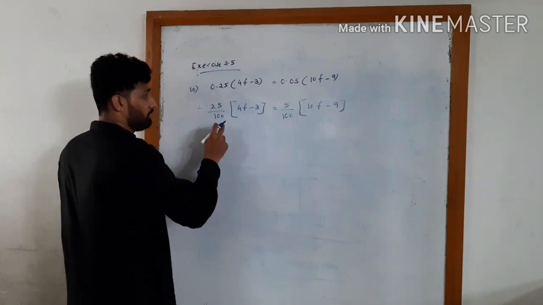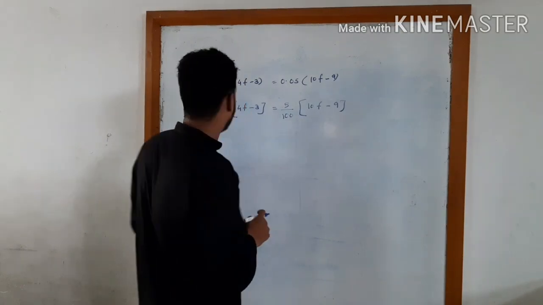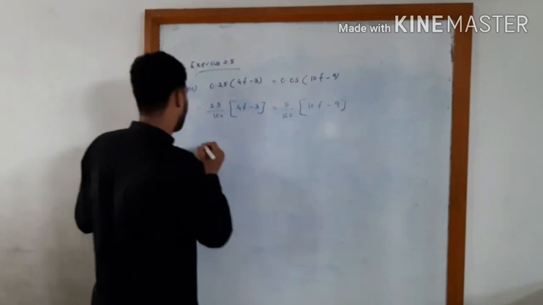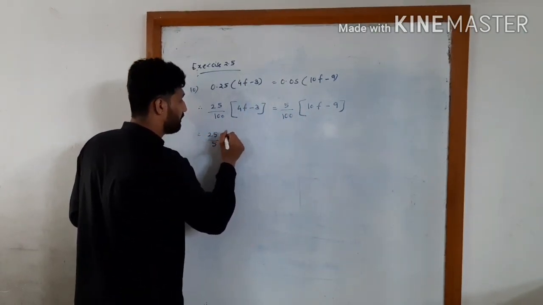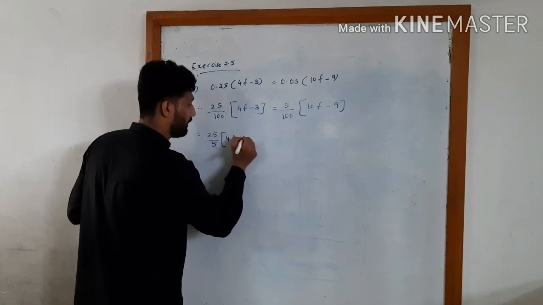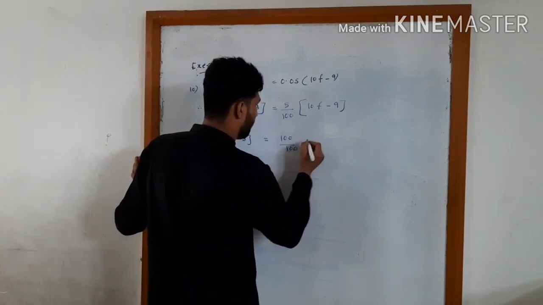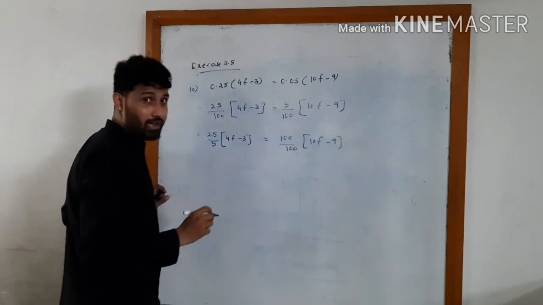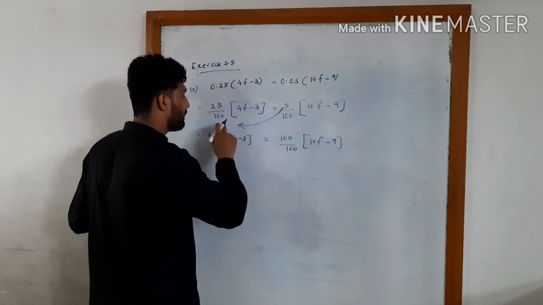Now if I take this 100 on this side, listen carefully. If I take this 100 on this side and this 5 on this side, I will get therefore 25 upon 5, right, multiplied by 4f minus 3 is equal to 100 upon 100 into 10f minus 9. What I have done is I have taken this 5 towards this side, so multiplication becomes division.